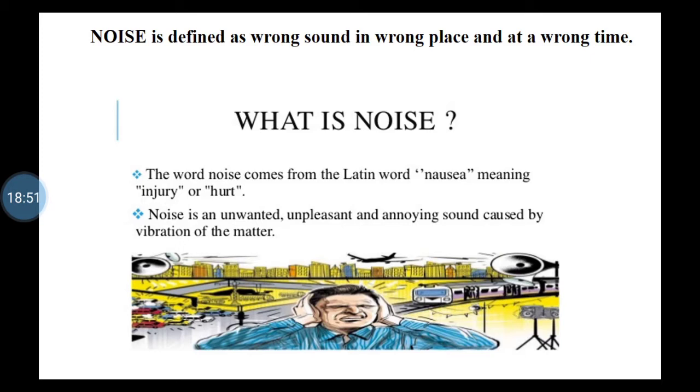Now, the sound becomes noise, again I repeat, the sound becomes noise when it causes disturbance or annoyance to the hearer, isn't it? So, noise is defined as wrong sound in a wrong place at a wrong time, isn't it?